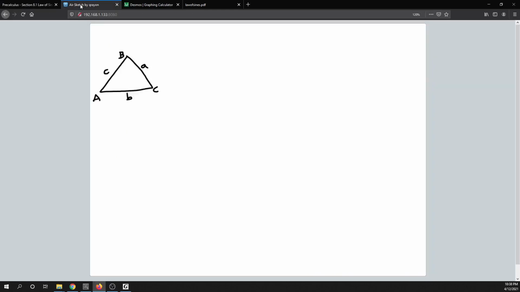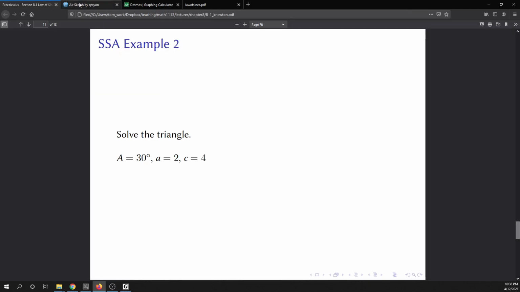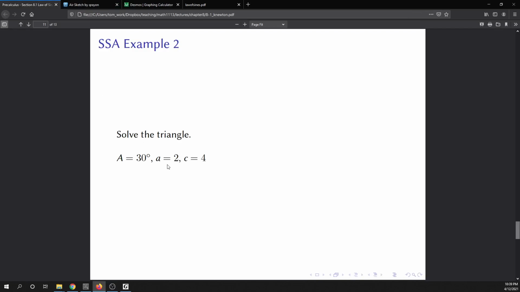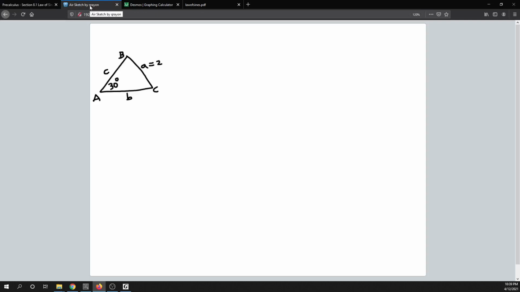I know that angle A is 30 degrees, side A equals 2, and side C is 4 units, like so.